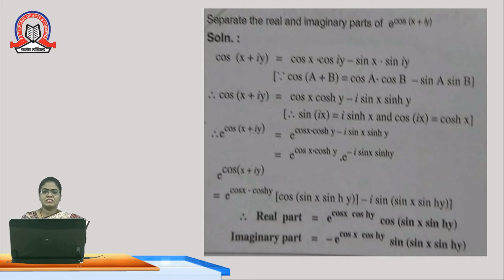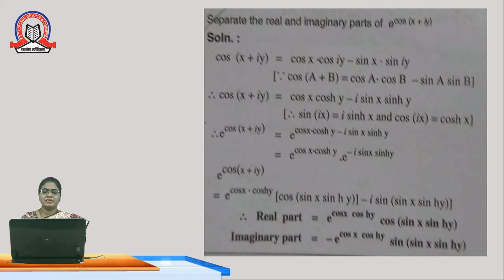We know that cos iy is cosh y and sin iy is i sinh y. Substituting the value we will get this. Applying exponential on both sides, e power cos of x plus iy equal to e power cos x into cosh y minus i sin x into sinh y.